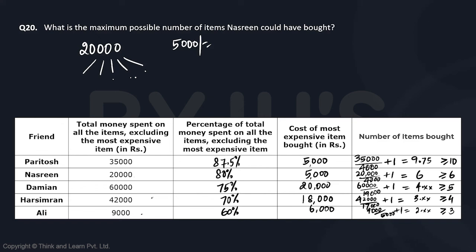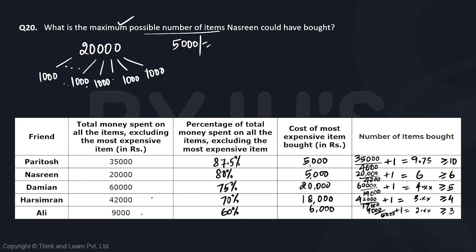The maximum. But if you want the maximum possible number of items that Nasreen could have bought, it could be even more. Well, this will only make sense if every item is going to cost just 1,000 rupees.